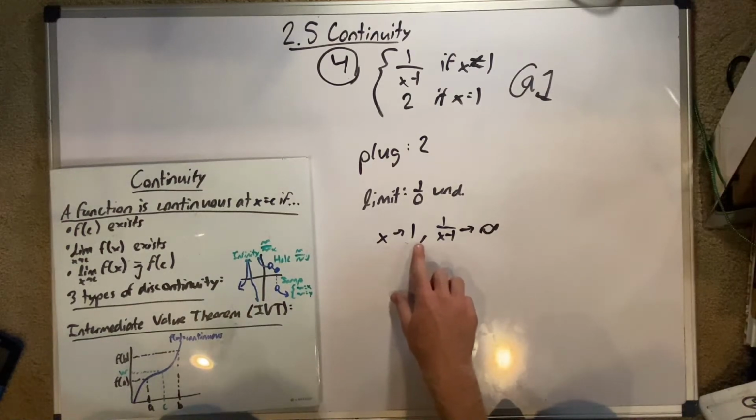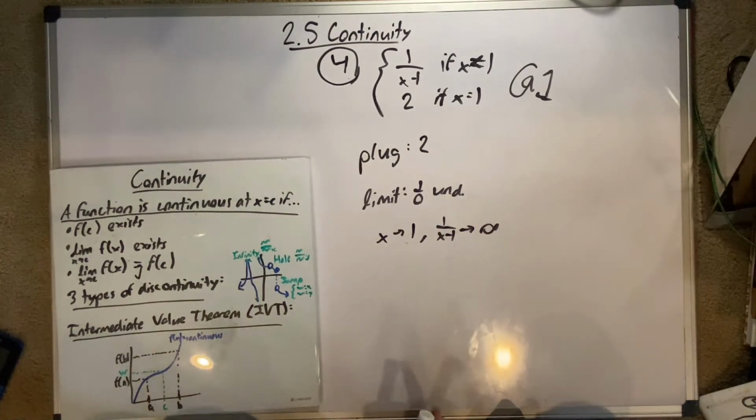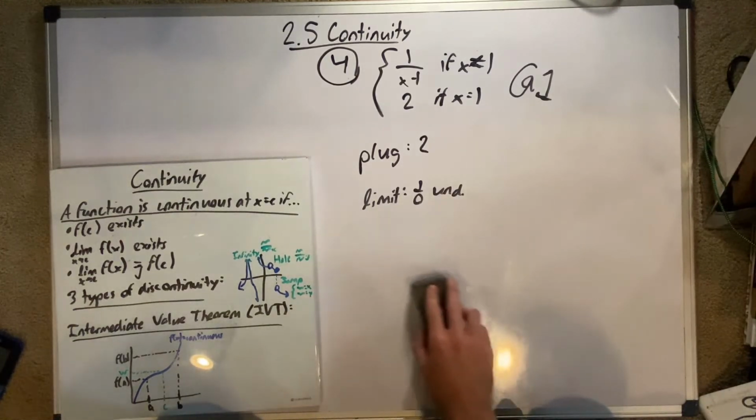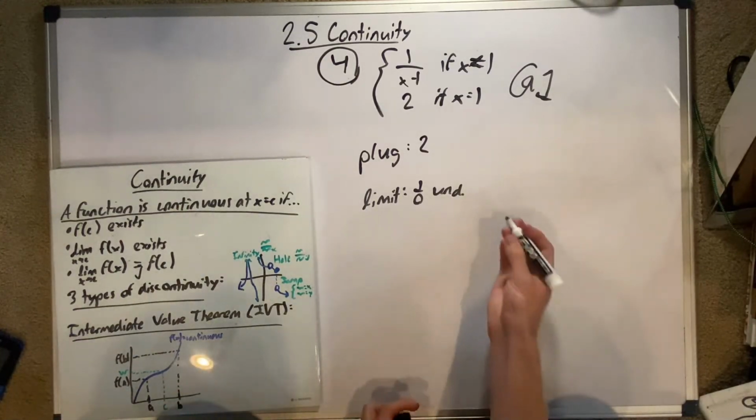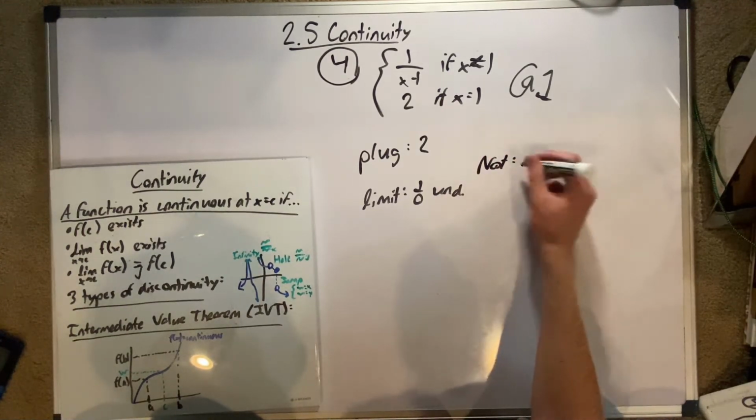Because as x approaches 1, you get a number that's smaller and smaller at the bottom. Dividing 1 by a number that gets smaller and smaller means that 1 gets bigger and bigger until it approaches infinity. Which means we have an infinity here, so that's undefined. So we get not continuous because there's an infinity.